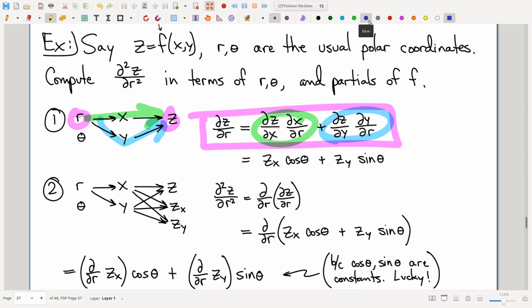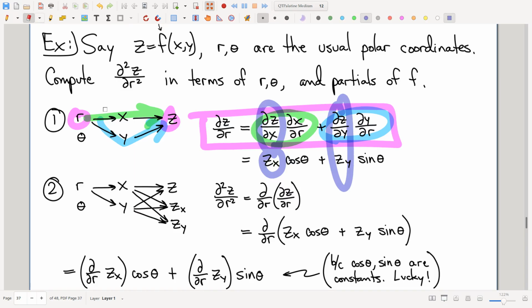Having written down this chain rule straight out of the diagram, let me remind you we have an alternative notation for partial of z with respect to x. That's just notation. We haven't used this notation much yet, but we're going to use it a lot in this example and the following. Likewise, that's just notation as well.